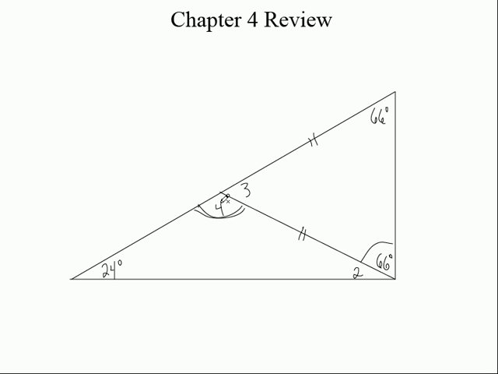An exterior angle is equal to what of the 2 remote interior angles? The sum of the remote interior angles. So this exterior angle is equal to this plus this. What's 66 and 66? That's 132. So that angle right there is 132.